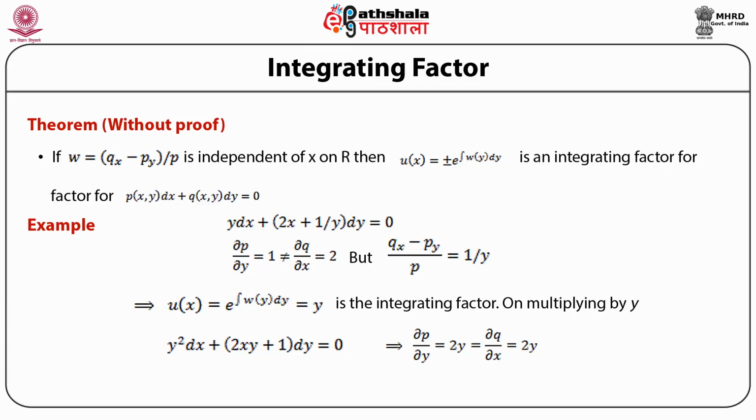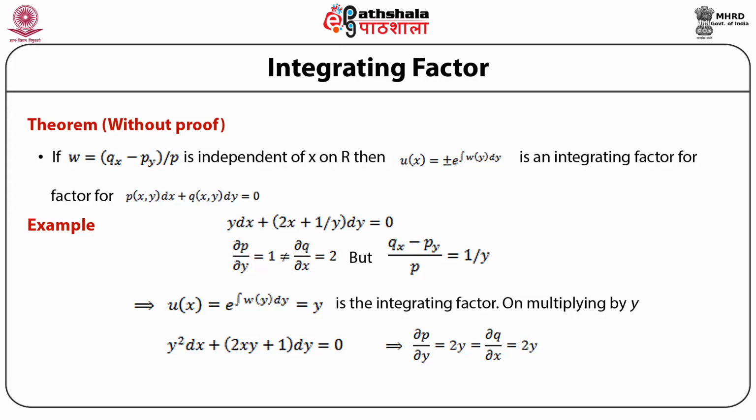Hence, u of y is equal to e to the power integral of w(y) dy, which is equal to y, is the integrating factor. On multiplying by y, the equation becomes y square dx plus (2xy plus 1) dy is equal to 0, which is now an exact equation as del p by del y is equal to 2y.